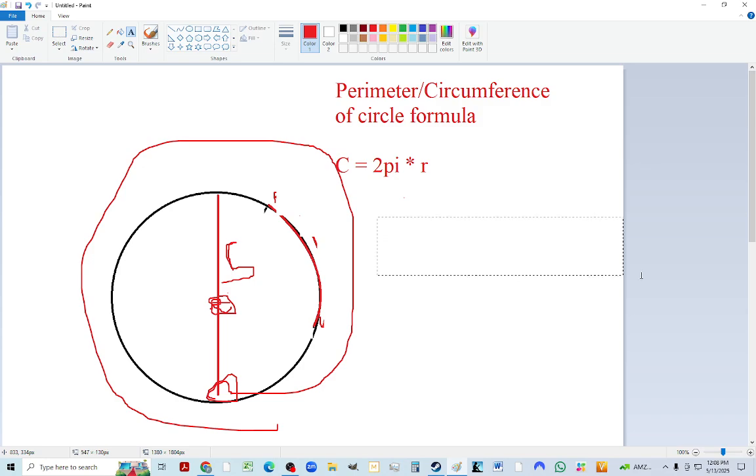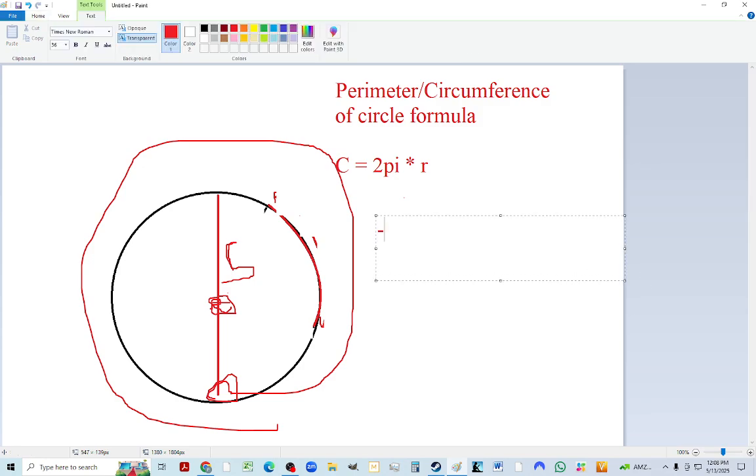Well, the outside of that circle is the circumference. It's 2 times pi, and in this case, the radius is 5. It's 10 pi. 10 times pi, and let's say that 5 is 5 meters. 10 times pi meters. Or, if I were to use an exact number, it would be roughly 31.415 meters, let's say.